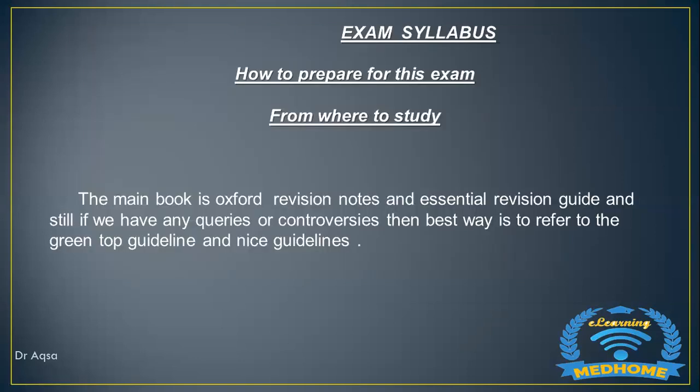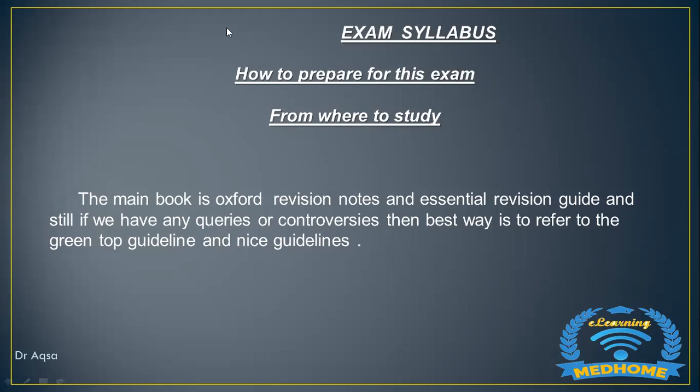Now, how to prepare for this exam? Not only for anatomy, but for any module of this exam, your main book will be Oxford Revision Notes, and the other book will be Essential Revision Guide. If you have any queries with these books, then we are going to take the reference from Green Top Guidelines and NICE Guidelines.